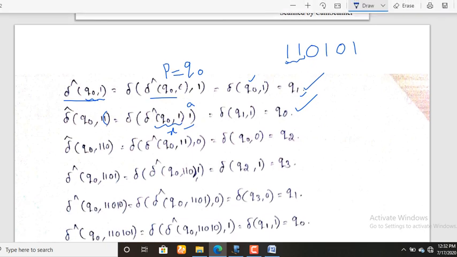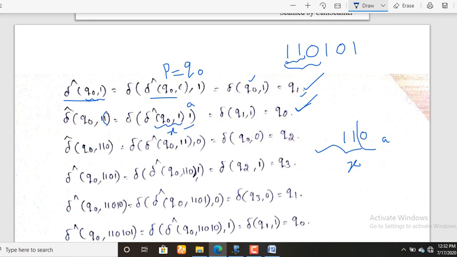Next, delta cap of q naught comma the next three symbols, 110. How can you split it? This is the a part and the remaining is the x part. What's the answer of q naught comma 11? We have already solved it: q0.